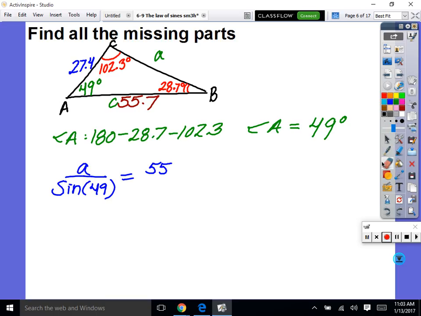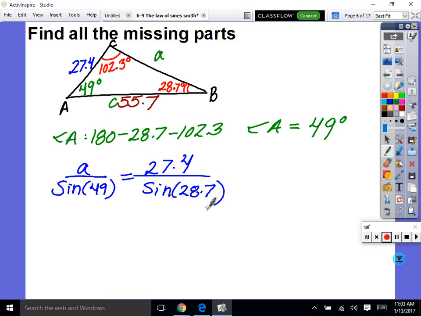Change my mind. Here's why I chose to go with this one: because this was given, you know what I mean? You could still be right, but I just feel safer going with the given. So 27.4 divided by the sine of 28.7. Now it's just algebra to get A alone.